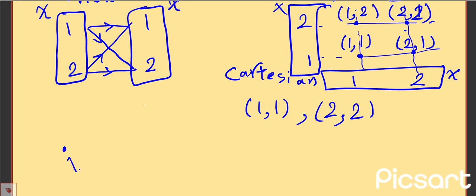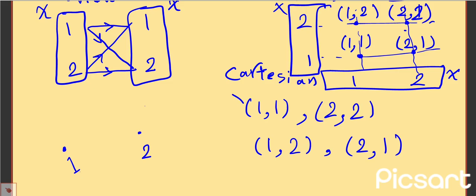This point is 1 and this point is 2. And then look at the ordered pairs that you have. You have 4 ordered pairs: 1 and 1, 2 and 2, 1 and 2, 2 and 1.